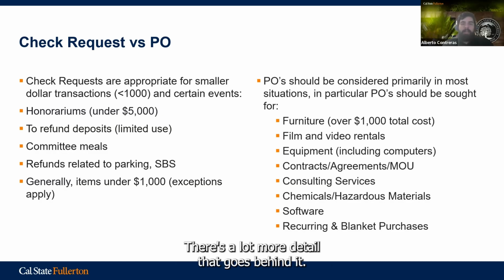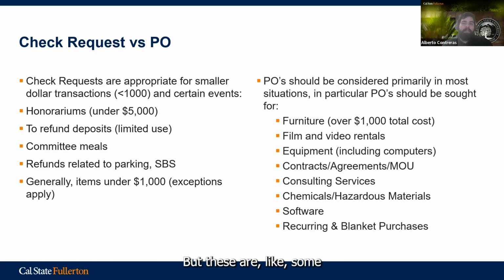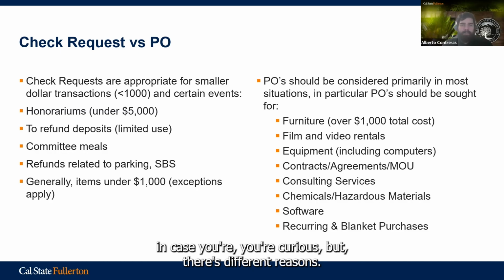There's a lot more detail that goes behind it. Again, if you're not clear, I do recommend reaching out to our partners at Contracts and Procurement. But these are some general ideas for you to keep in mind in case you're curious.